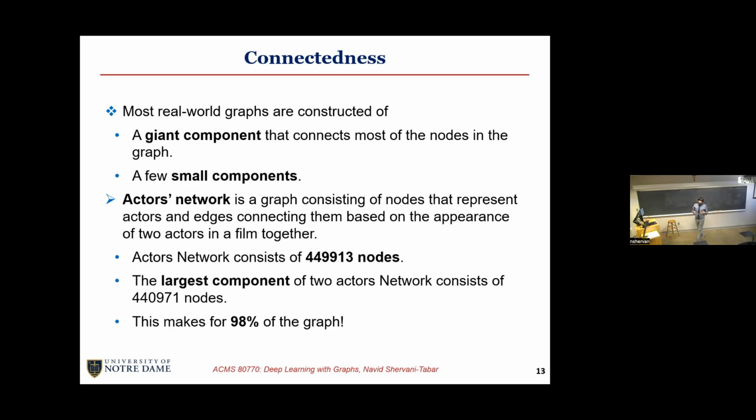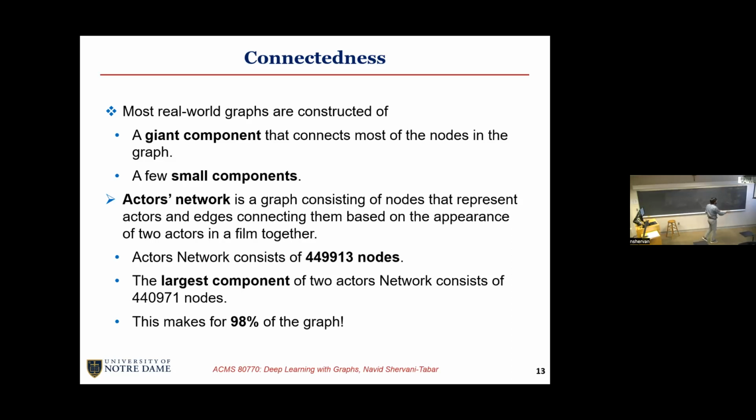So it means that if Robert De Niro is connected to Al Pacino, and Al Pacino has played in a movie with Johnny Depp, then even if Johnny Depp has not played in a movie with Robert De Niro, they are still connected to each other through a path that traverses another actor.